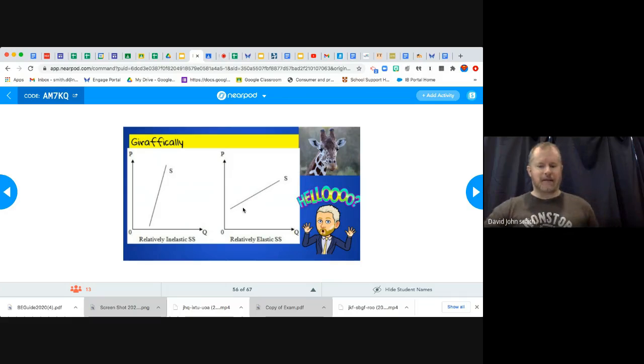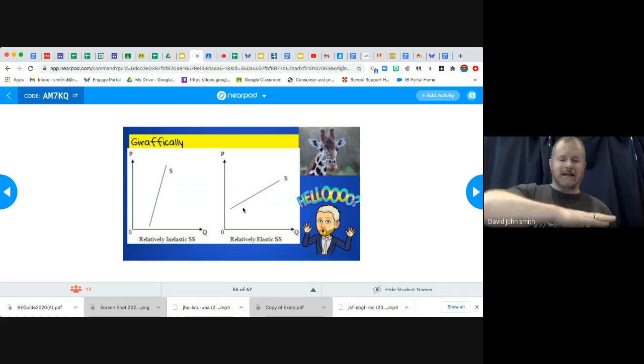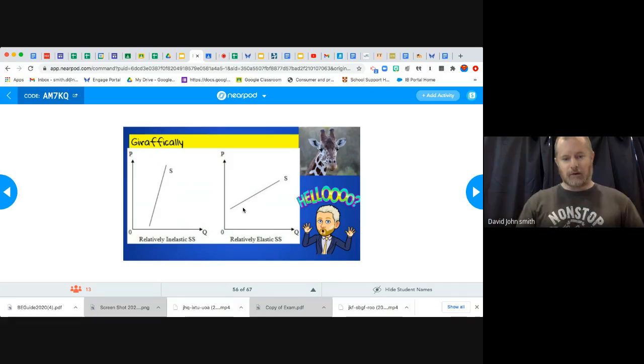It still looks more like the letter E if it is relatively elastic, and more like the letter I if it's relatively inelastic.